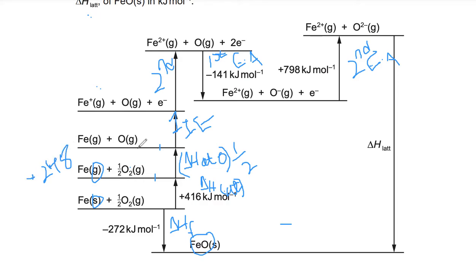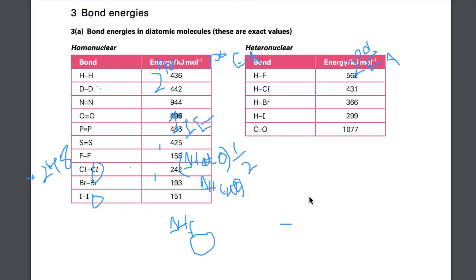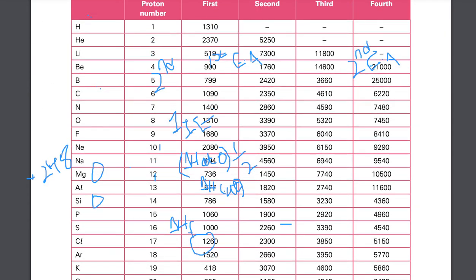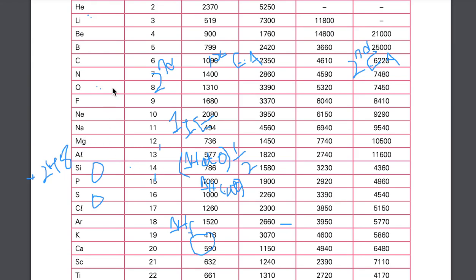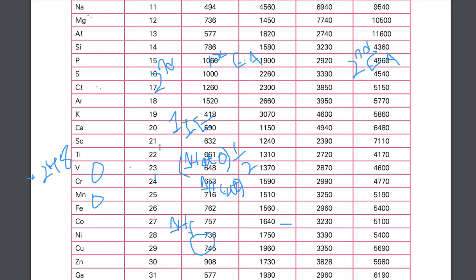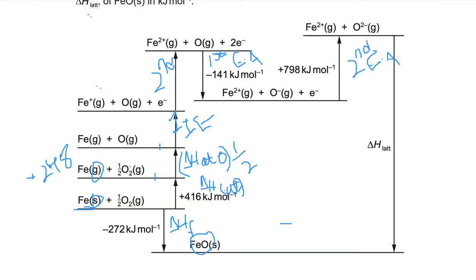Now the first ionization energy of iron, let me see, iron over here. The first ionization is 762 and the second is 1560.